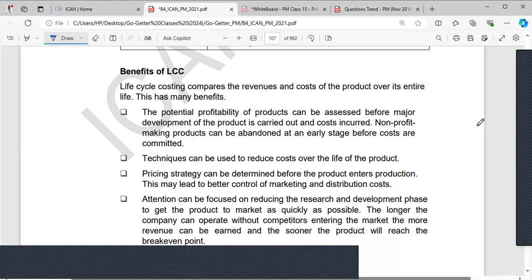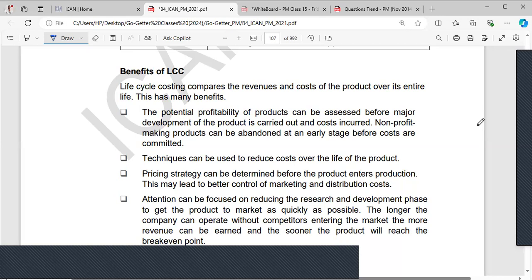Techniques can be used to reduce cost over the life of the product. So we talked about techniques to reduce cost over the life of the product. We mentioned some of those techniques when we were dealing with target costing. Then we look at the pricing strategy, which can be determined before the product enters the market. This may lead to better control of marketing and distribution costs.